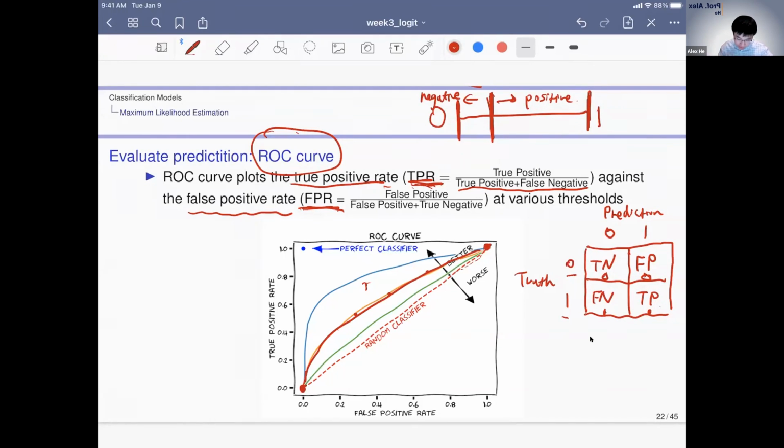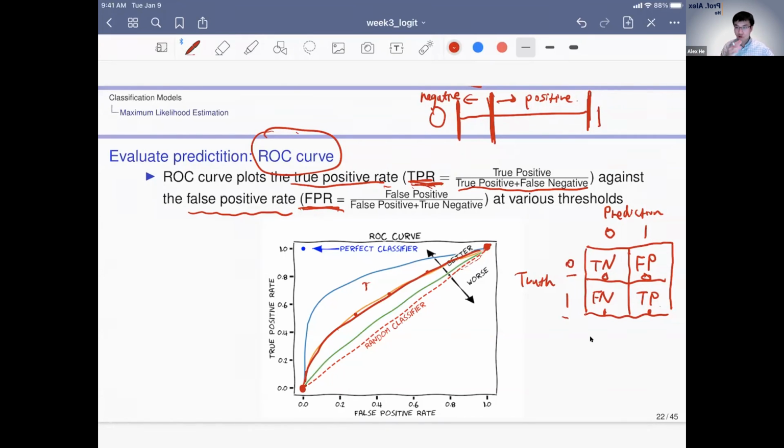Okay, so let me say again. A logit is when you predict a probability that is continuous from 0 to 1. When I set a threshold, below that threshold I call it negative, and above, I call it positive.